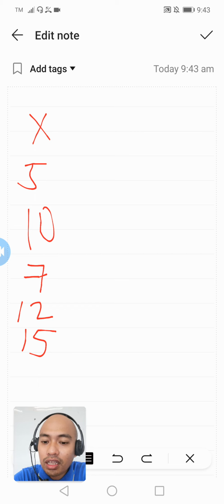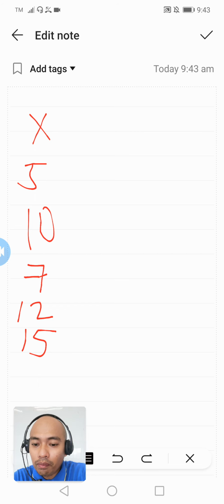Since this is a subject, we know that every subject has corresponding units. Let's say when we are in the College of Teacher Education, the general education subjects that we are offering have 3 units as the weight of those subjects.